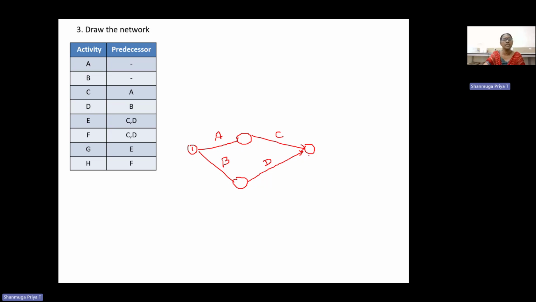When both C and D are completed, E and F will start. So this is the E activity, and this will be the F activity.